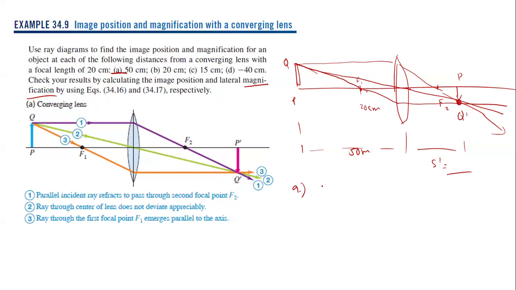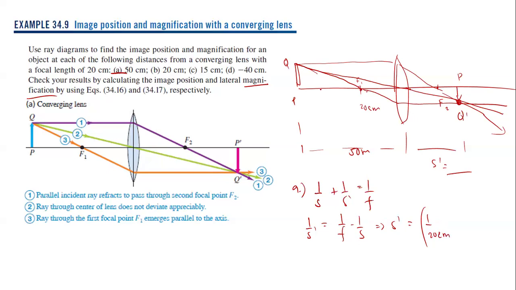Say for example, 1 over s plus 1 over s prime equals 1 over f. So 1 over s prime is equal to 1 over f minus 1 over s.